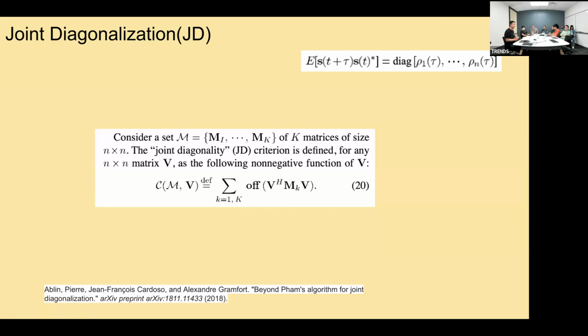And joint diagonalization is a big topic, a large topic, and there are a lot of algorithms trying to optimize this. I will not go through the details of how these algorithms work. They use different ways, more of linear algebra, and I'm still not fully understanding it, but the idea is to minimize the off-diagonals of all the autocovariance matrices.